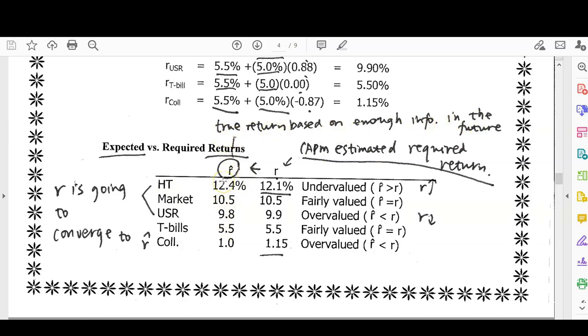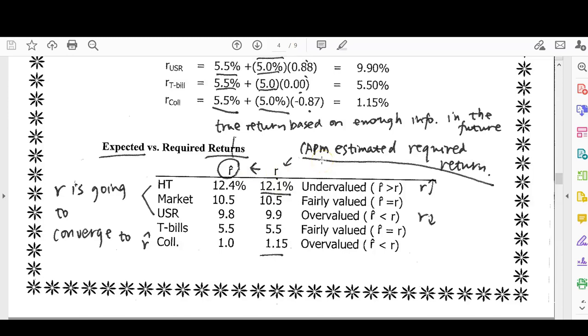If we know exactly what the stock returns are going to be in the future in each different economy scenario, we can get this exact expected return easily. But if we don't know enough information about the future expected returns, the only way we can do is to use SML, or the CAPM. We run regressions using historical data.